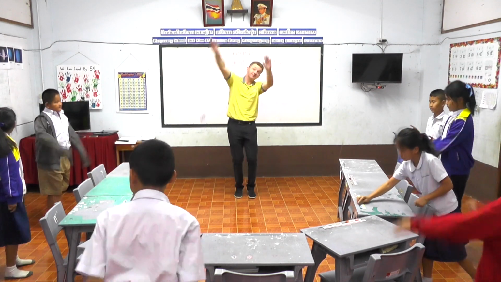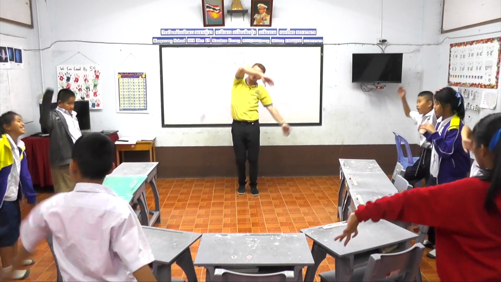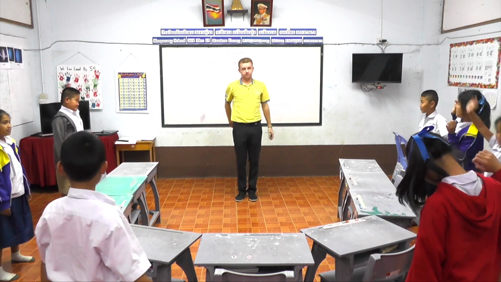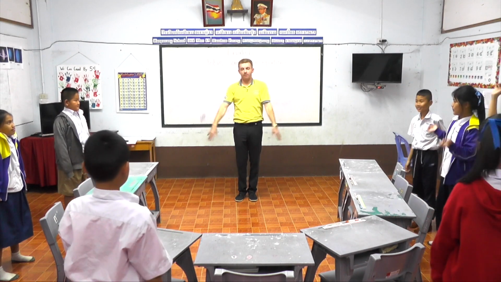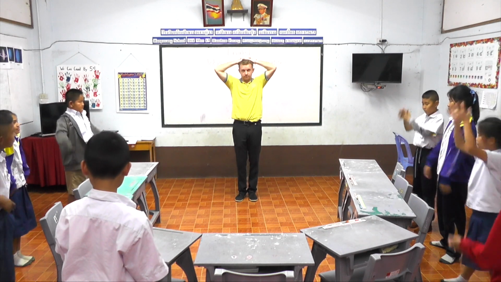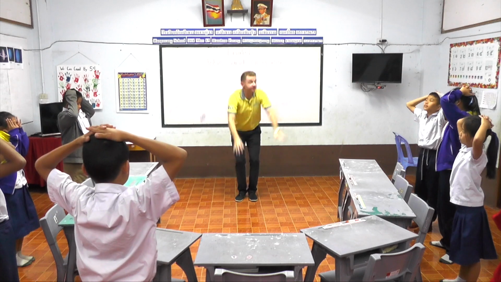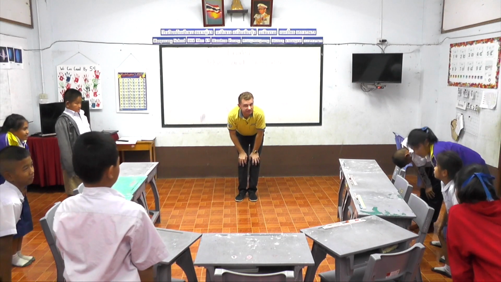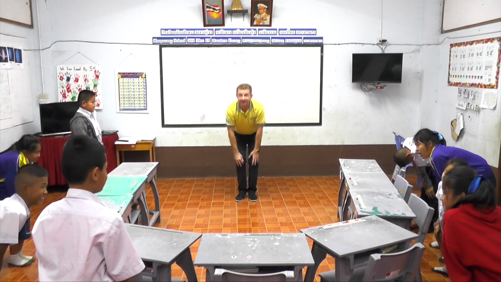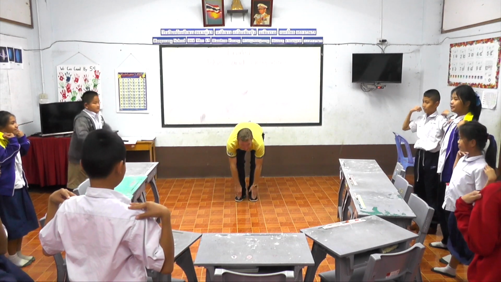Teacher says, side to side. And teacher says, stop. Teacher says, arms by your sides. Teacher says, hands on head. Teacher says, hands on knees. Teacher says, hands on shoulders. Touch your toes.